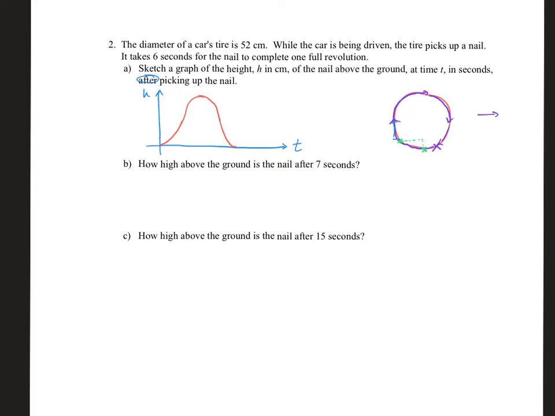There is a graph of the height of the nail above the ground at time t in seconds after picking up the nail. So I'm just going to get rid of my tire picture. And there we go.